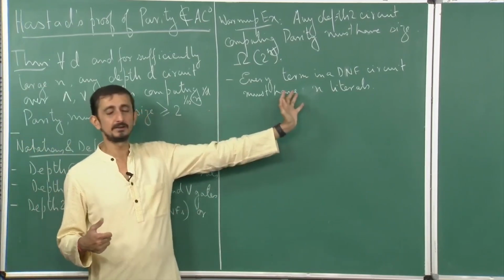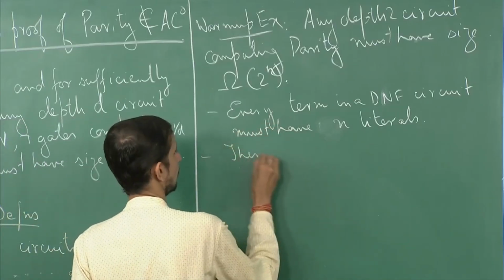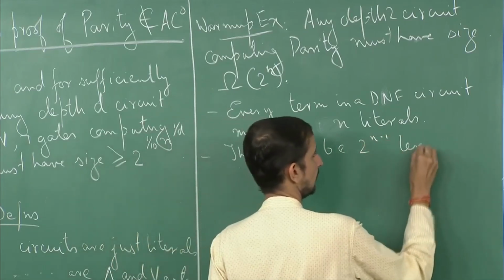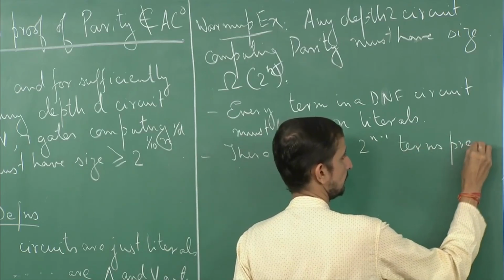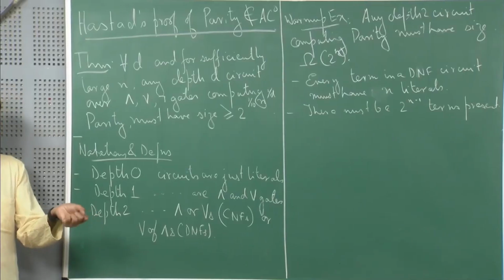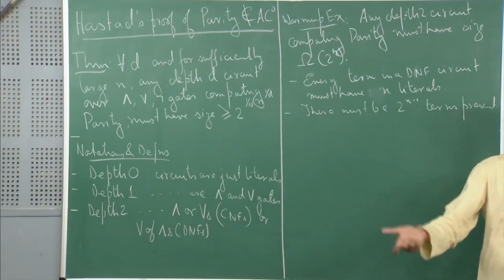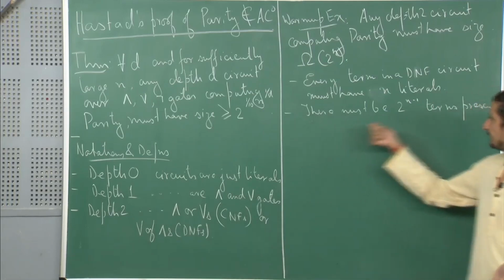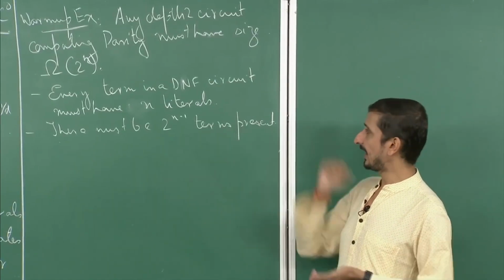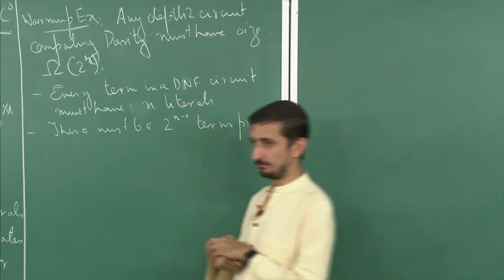I must have at least that many terms in order to represent parity. There must be 2 to the power n minus 1 terms present, because even if one term is absent, for that setting of the variables the parity function would not be computed correctly. So 2 to the power n minus 1 times n gives a lower bound of this form.